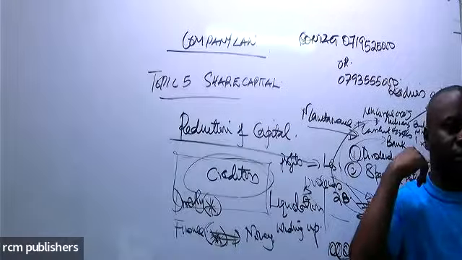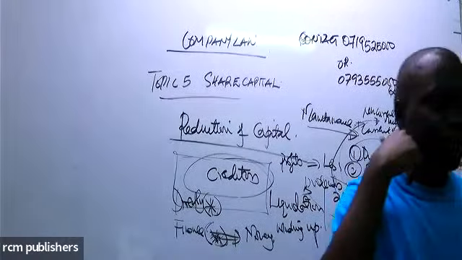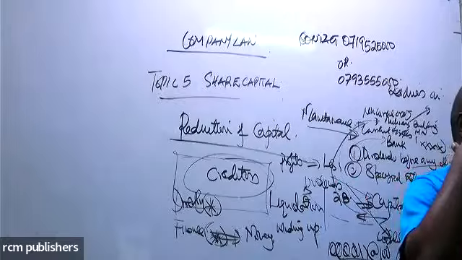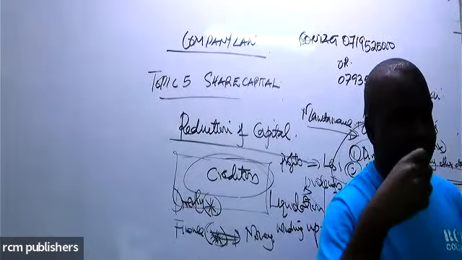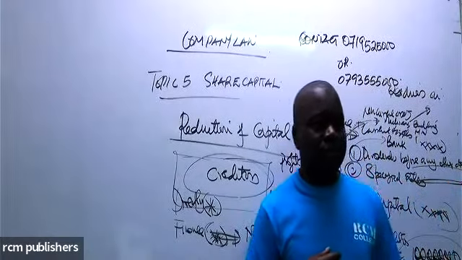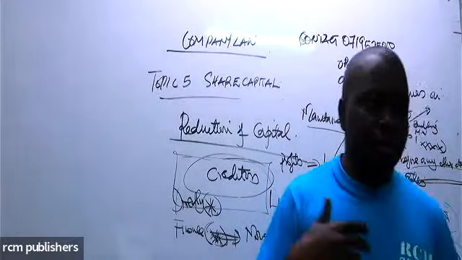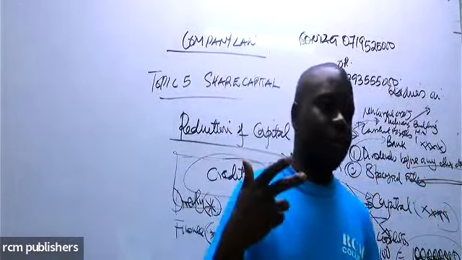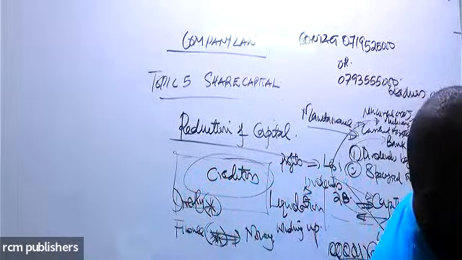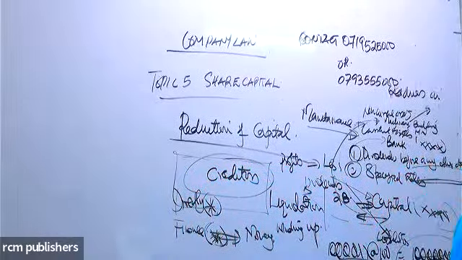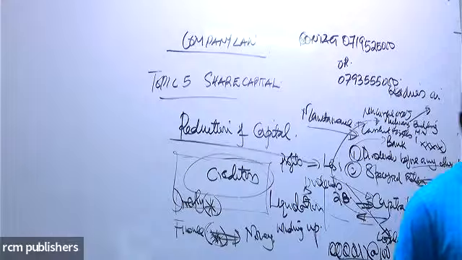In a private company, you cannot invite members of the public to subscribe, but in a public company they normally invite the public to subscribe for the shares to raise capital.